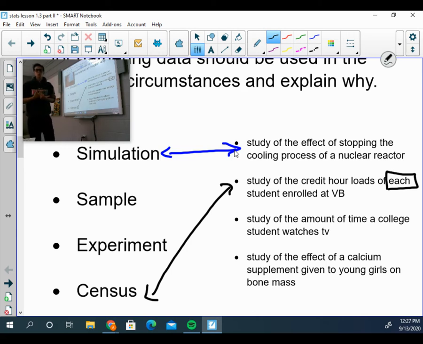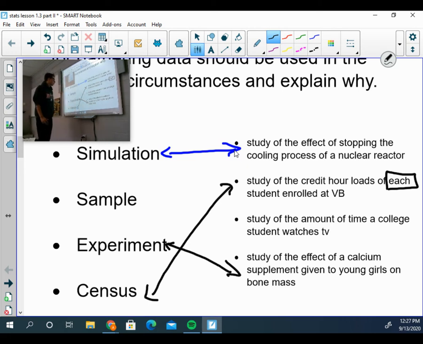I just simply want to observe how much TV they're watching. On the flip side, study the effect of a calcium supplement given to young girls. I want to see if that calcium supplement changes their health, specifically how it impacts their bone mass. So I'm giving them a supplement which will impact them. Remember, impact is experiment. So you hopefully made this connection here.